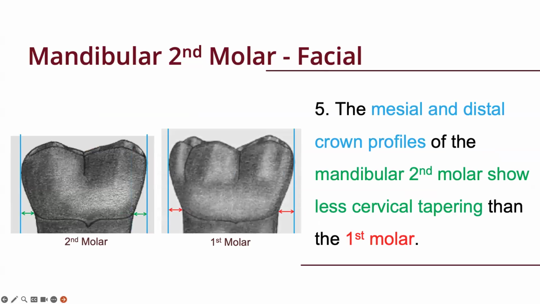The mesial and distal crown profiles of the mandibular second molar show less cervical tapering than the first molar. So here you can see the distance between the cervical line and the crest is a little bit less than the first molar, where you'll see that tapering is a little bit more exaggerated.